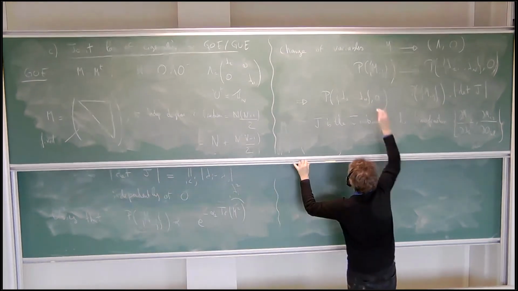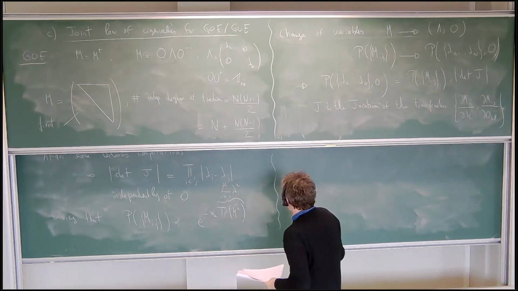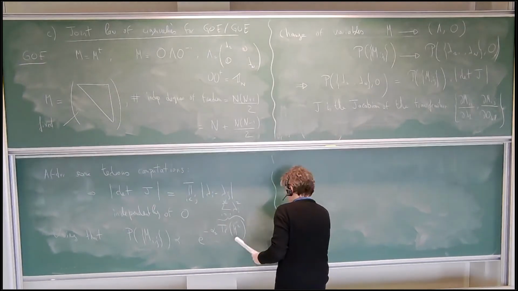So now, if I just use this and that result for the Jacobian inside this quantity here, well, at the end of the day, I obtain a quite simple expression. Let's write it explicitly.